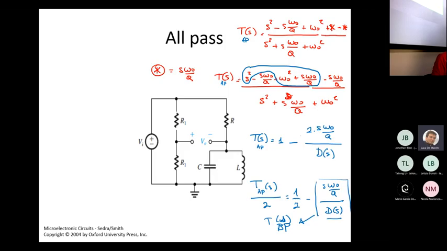How can we realize 1 over 2 as transfer function? With a voltage divider. The voltage drop across R1 is equal to the voltage drop across this second R1. This means that at this point we have VI divided by 2. Then we need the second branch, which is subtracted. To implement the second branch, we can rely on the circuit that we have already seen, the bandpass.